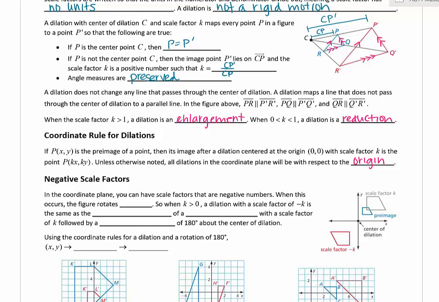Now it is possible to have a negative scale factor. In the coordinate plane, you can have scale factors that are negative numbers. When this occurs, the figure will rotate 180 degrees.